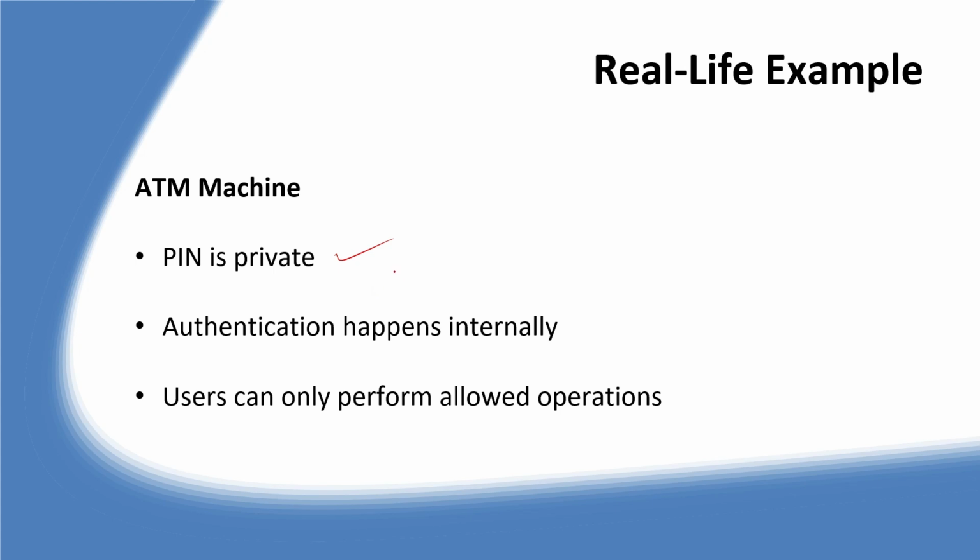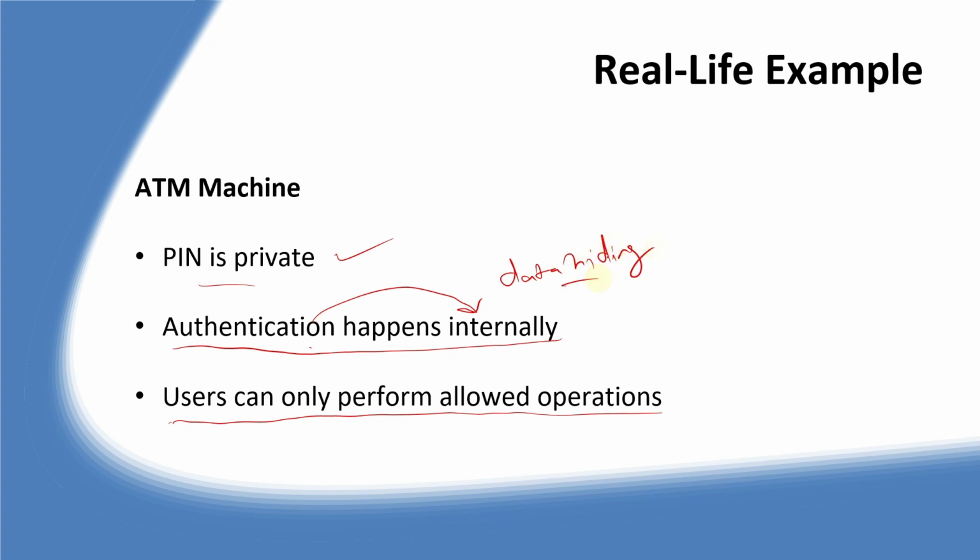Authentication happens internally; we are just providing the PIN and we do not know what process is going on. This is data hiding, and users can only perform allowed operations like withdraw and check balance. This is controlled access.